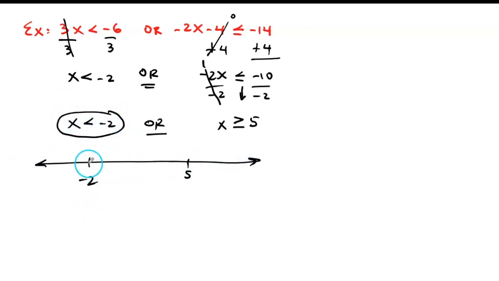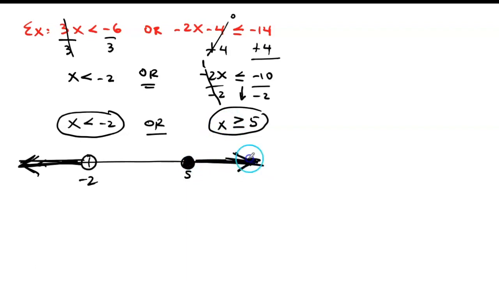X is less than -2, so I go to -2, open circle, less, to the left, and my arrow. Next, x is greater than or equal to 5. I go to 5, and it's going to be solid because it's equal to. X is greater, and greater goes to the right, and I have my arrow.